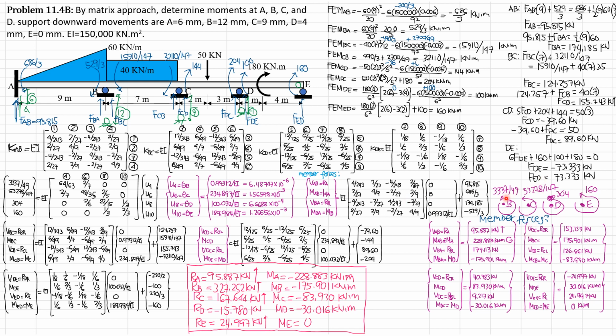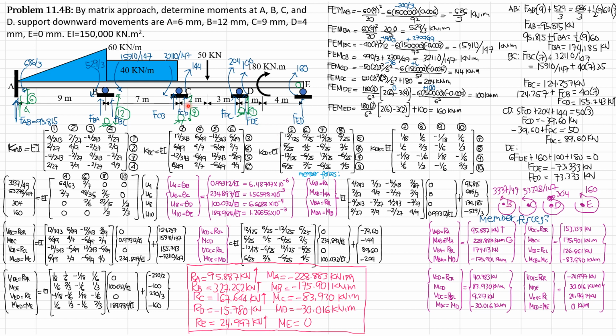So we get 529 over 3 minus 5910 over 147. The result is positive and it is 3337 over 49. That's why it is counterclockwise. Remember, in matrix, counterclockwise is positive. It is only in slope deflection, moment distribution method, and three moment equations that the sign convention is clockwise positive. So this is the result, positive counterclockwise.